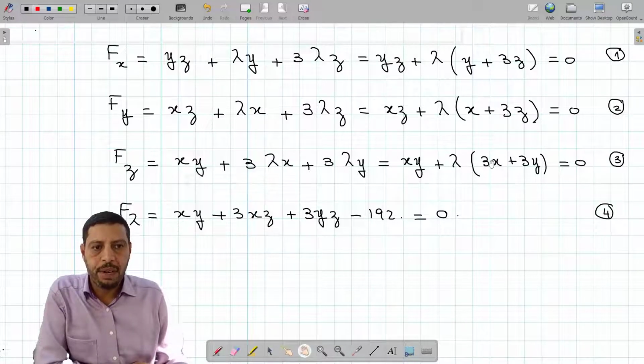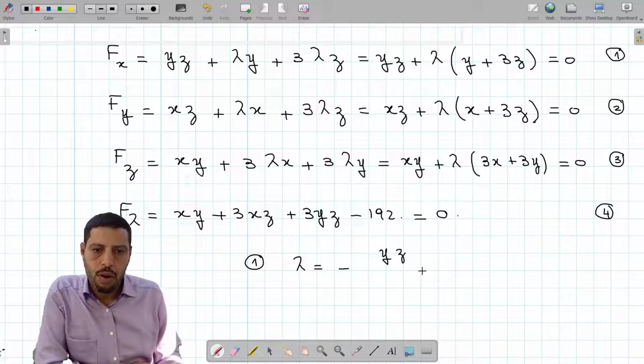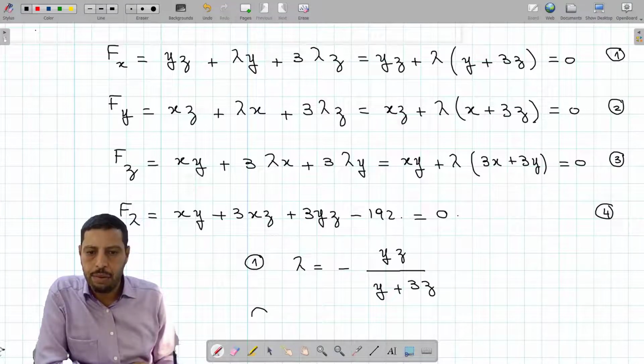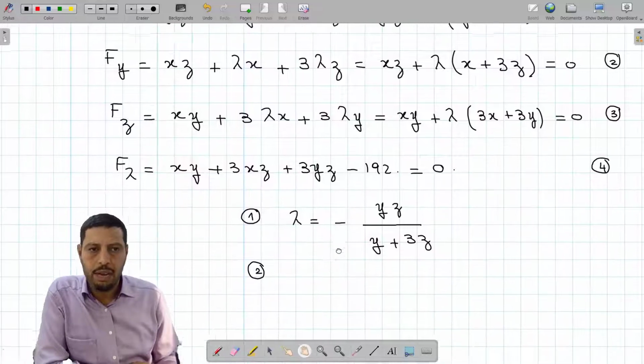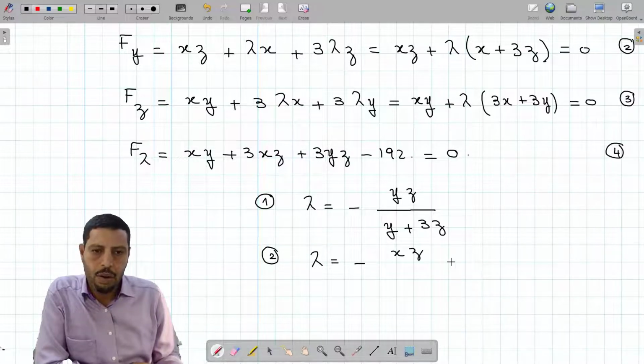But first, let's write from equation 1 that lambda is equal to negative yz over (y plus 3z). From equation number 2, we can conclude that lambda equals negative xz over (x plus 3z).